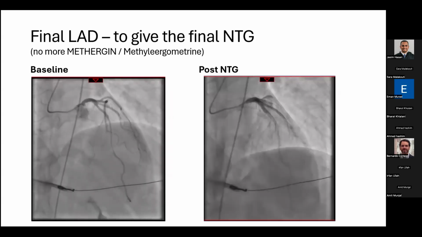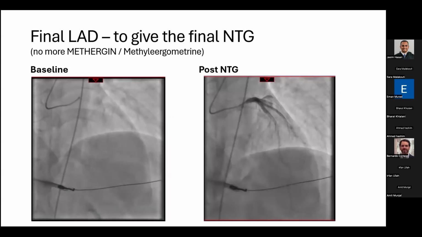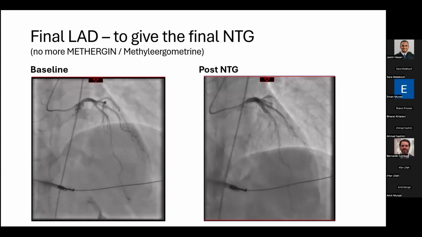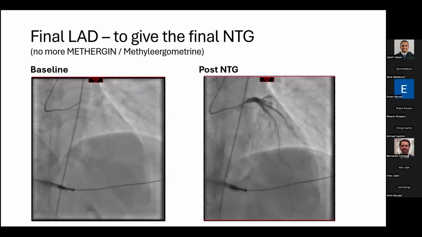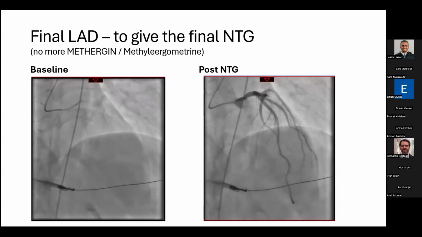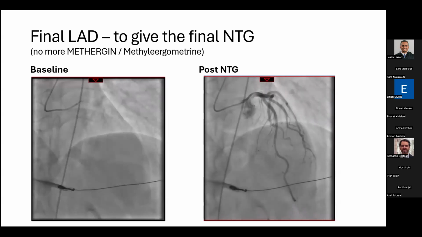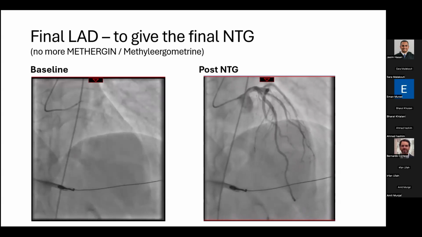And this is the left coronary artery after coming back to it. We can see the spasm persisted in between injecting the RCA and the LAD. And this is the shot after the nitroglycerin. So it regained its caliber. For us, it was a positive test.